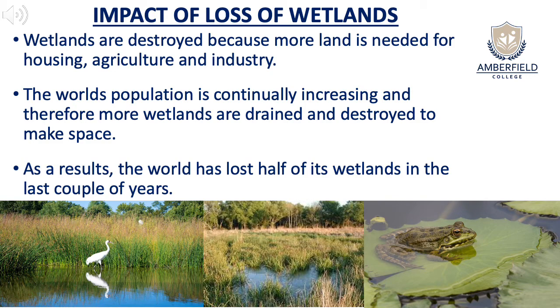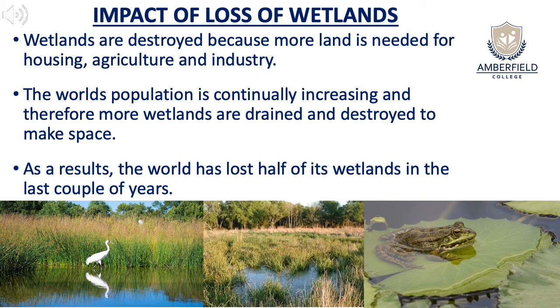Wetlands are destroyed because more land is needed for housing and agriculture and industries. That's where we get all our buildings and our factories for us to eat and produce different products. The world's population is continually increasing.